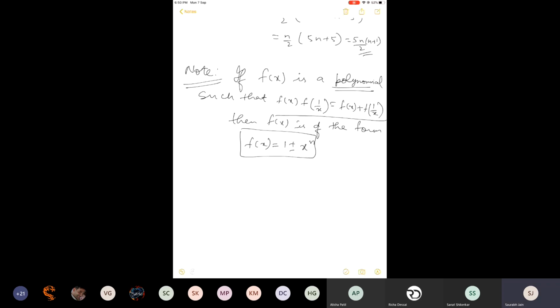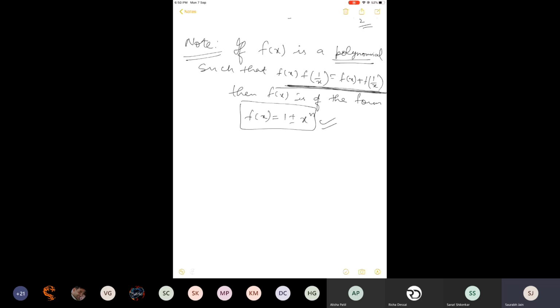Let us verify this LHS, f(x) into f(1/x). Let me verify for plus only, because in the same way we can verify for minus. So if f(x) is this, let us check if this is right or wrong. f(x) will be 1 plus x to the power n. Then what about f(1/x)?